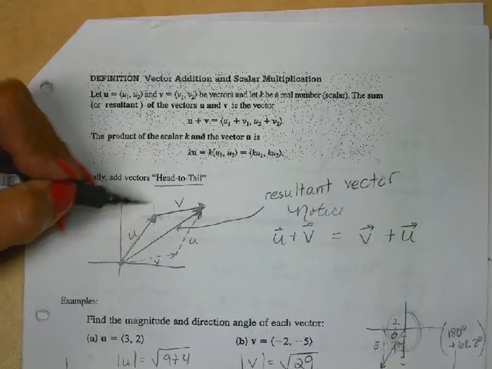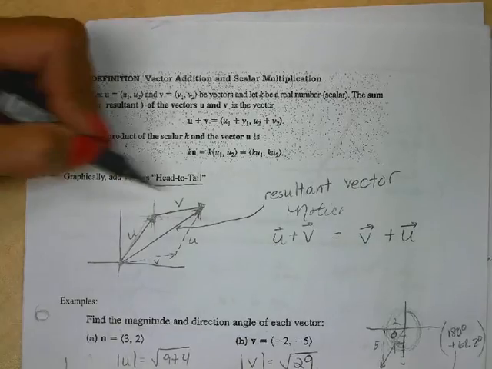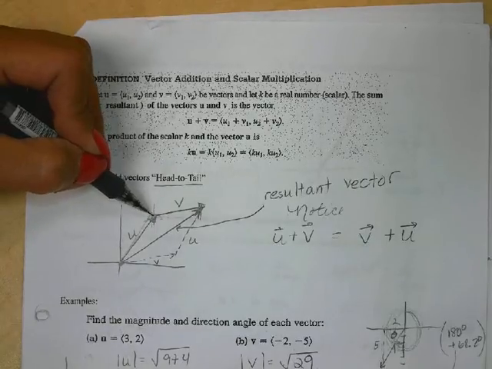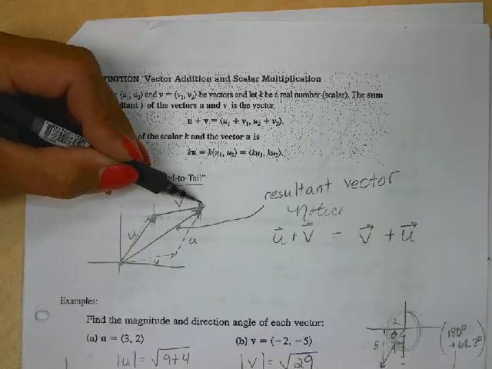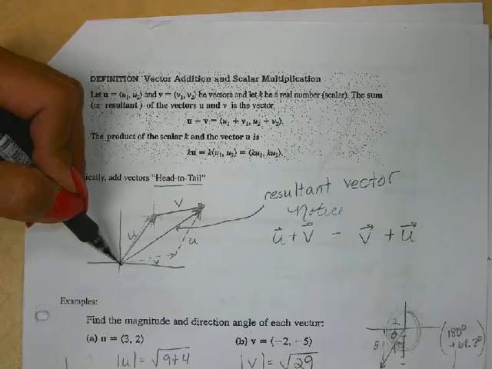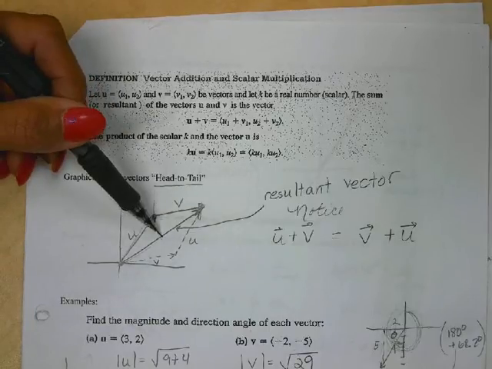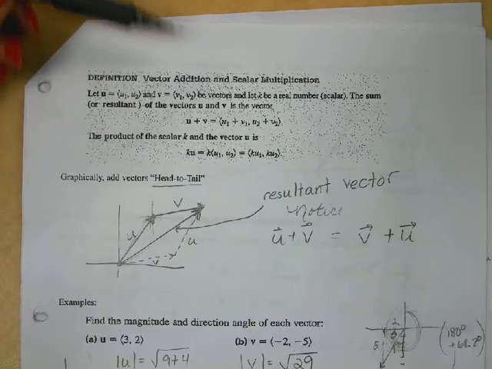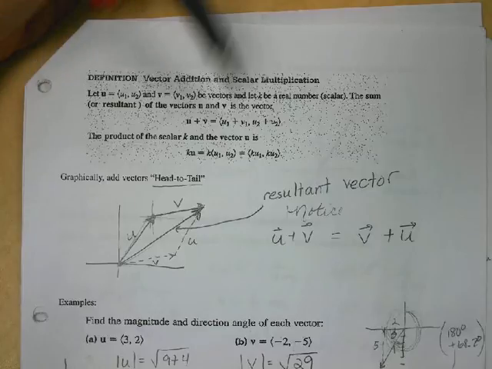So I would be moving over v1 and up v2 to get to the head of my vector v. So I graph one vector, I plot the other vector with its tail at the head of the previous one, and then literally the resultant vector is from the start point to the end point. This is our resultant vector.